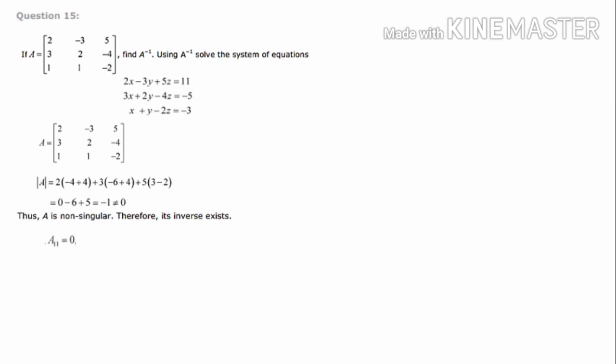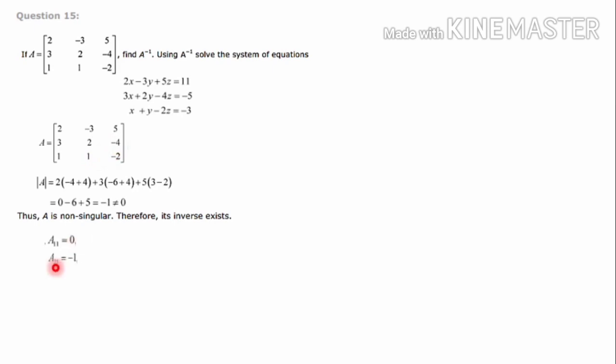Then we have to go for calculating Adj. For calculating Adj, we have to calculate the cofactors of each element of matrix A. First of all, A11, 2 is the element. If you take 2, that row and column is gone. 2 into minus 2, that is minus 4. Minus into minus plus 4. So minus 4 plus 4 is 0. Next element is A21.